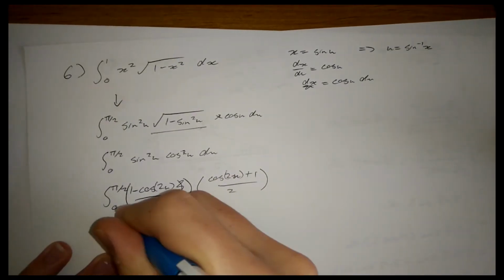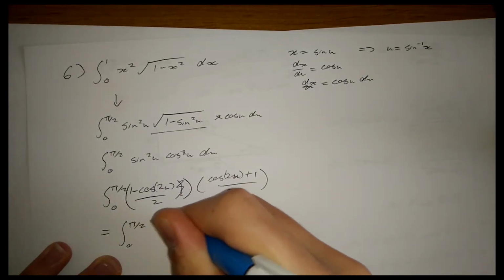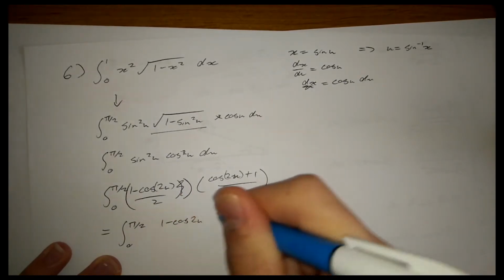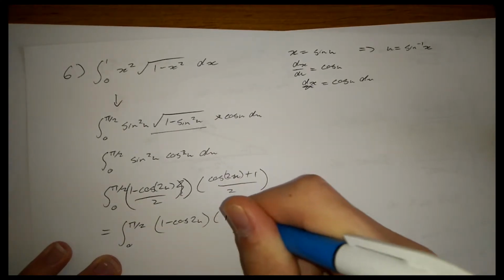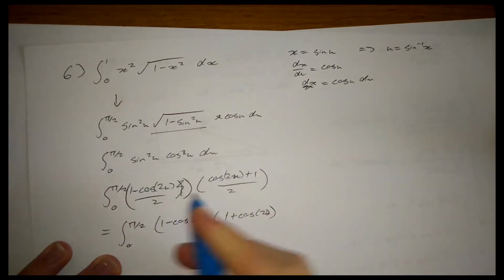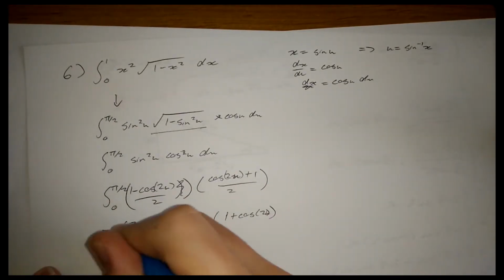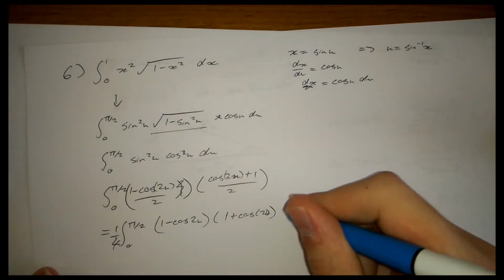So if I rewrite this a tiny bit, just give me a sec. 1 minus cos 2u, 1 plus cos 2u, and a half times a half is a quarter, so we'll just add a factor of a quarter outside.